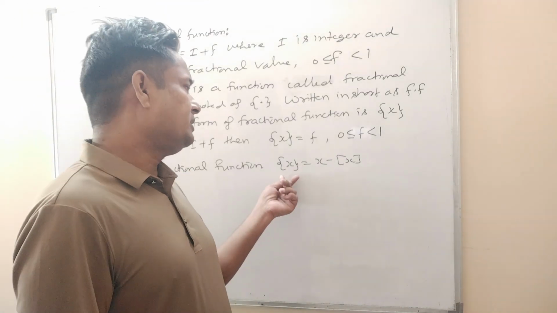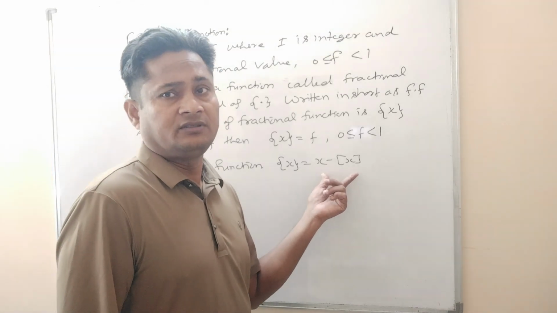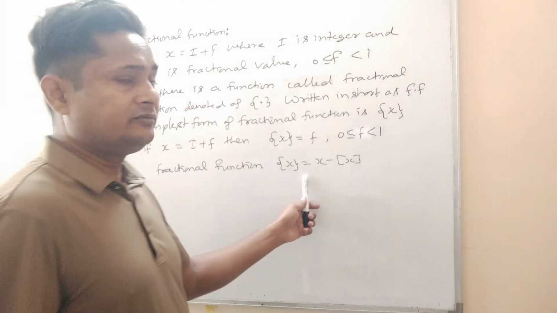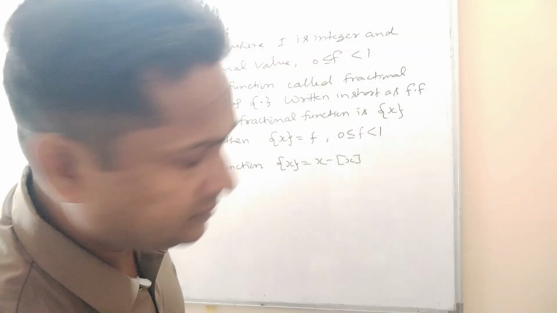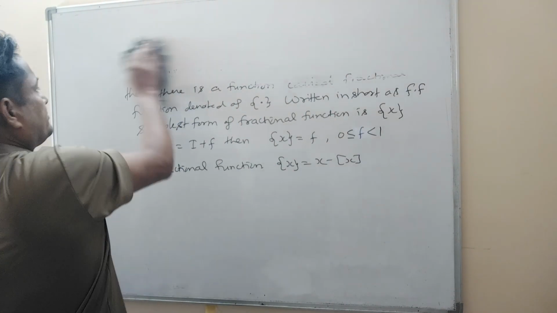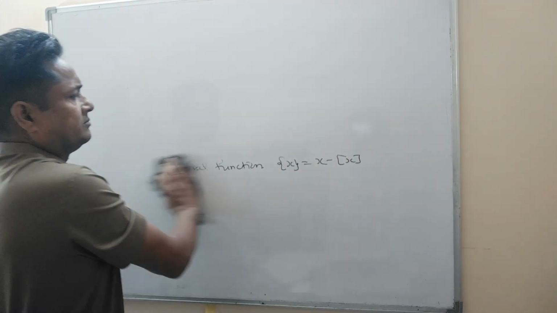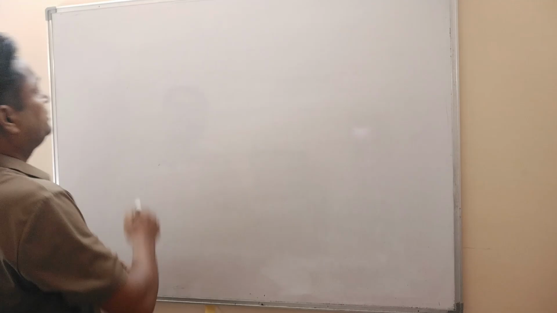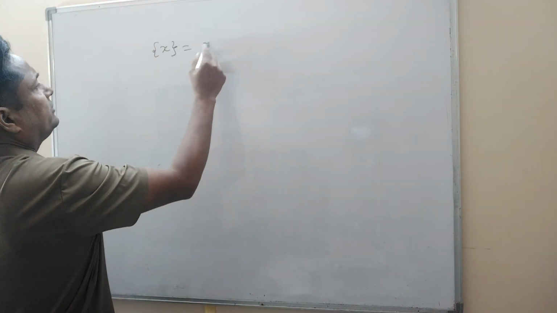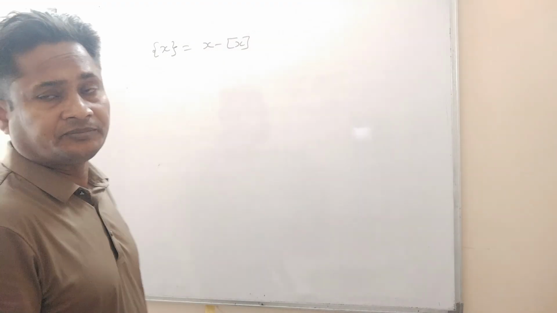You can calculate the value of this one by using this definition. So let's discuss the values of this function. Fractional function is basically x minus greatest integer x.